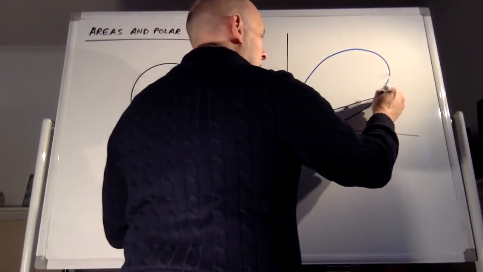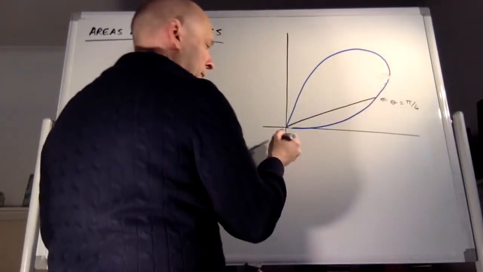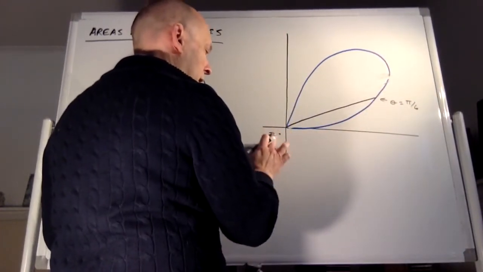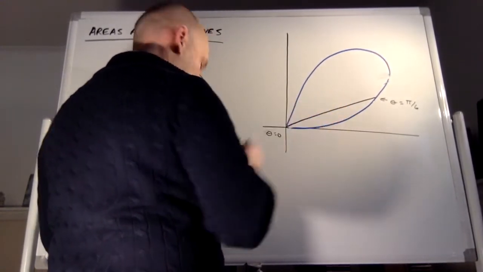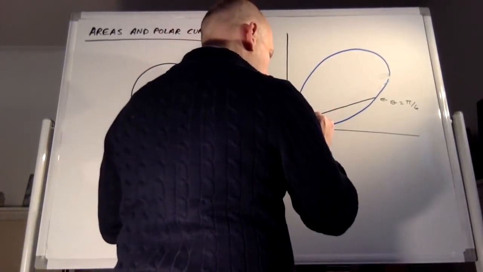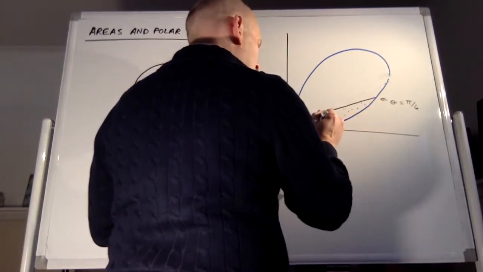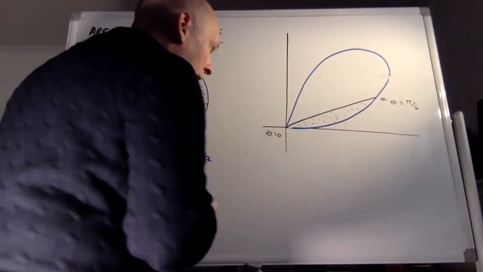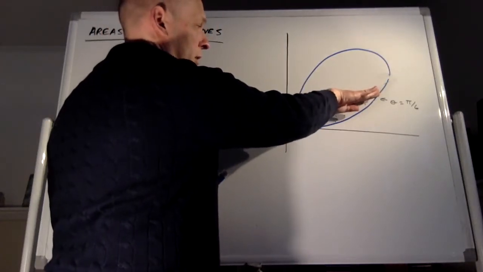So we start here at theta equals 0, and we rotate to pi over 6. You now have created an area which looks like this. And when we use the formula that I'm about to give you, I could find the area of that piece of the leaf if I go to pi over 6.